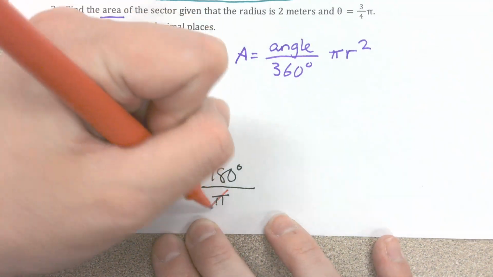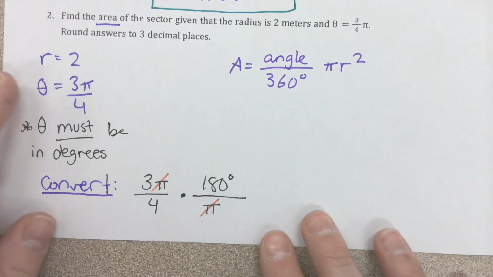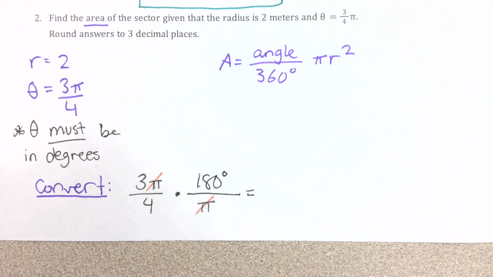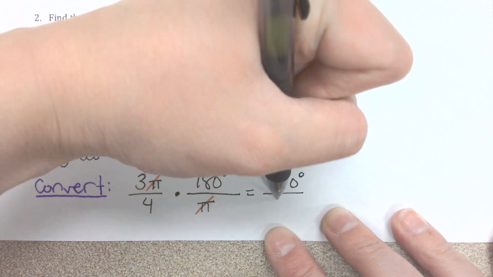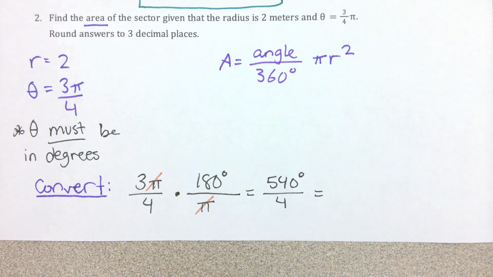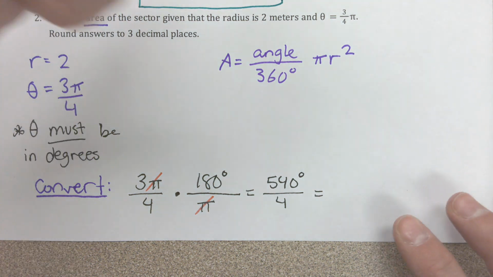The pi's are gone. And then we multiply. 180 times 3, 540 degrees over 4. And this is a nice number. It is 135.